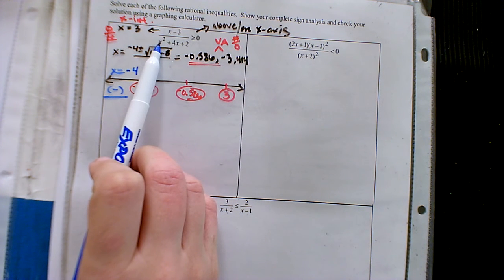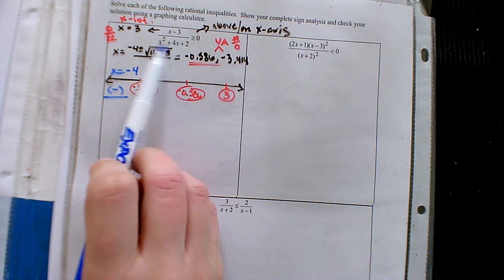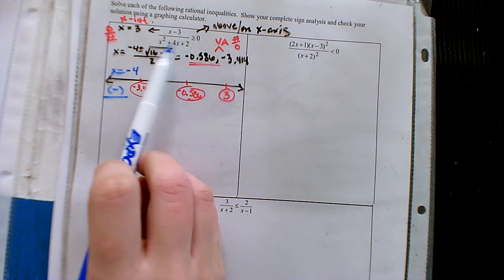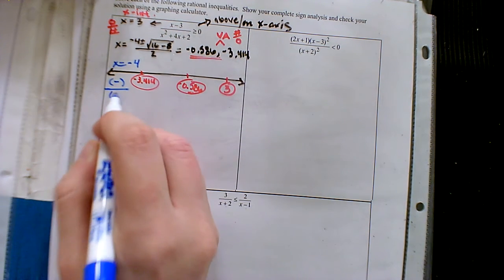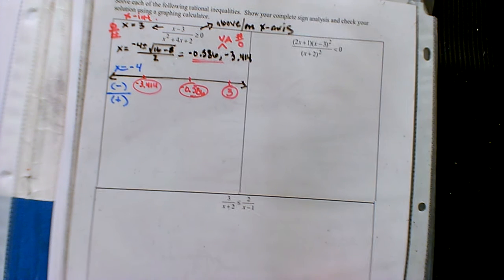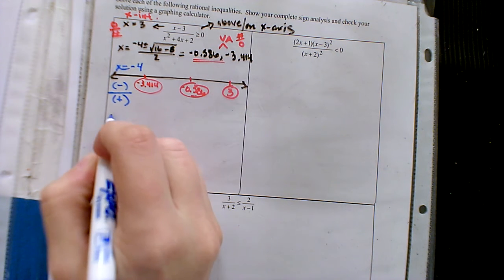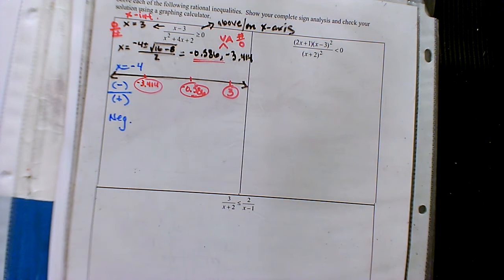Negative 4 squared would be a positive 16. And then we're going to add 4 times negative 4, which would be a negative 16. So those would cancel out, positive and negative 16. And if we add 2, that would be positive. So we figured out the individual sign of the top and the bottom, but if we actually divide them, negative divided by positive would be negative.